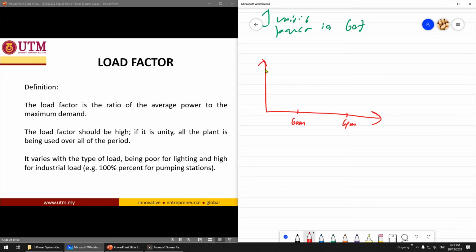So lighting is basically something like this. This is during the day, and this is night. For example, this is 20 kilowatt.